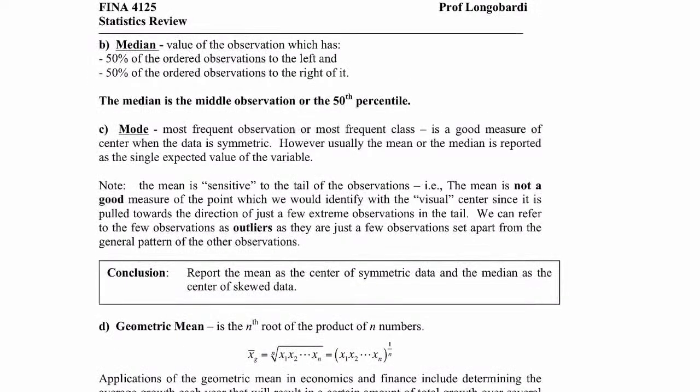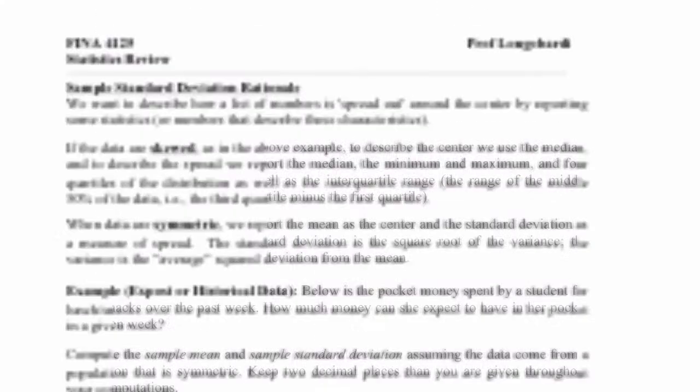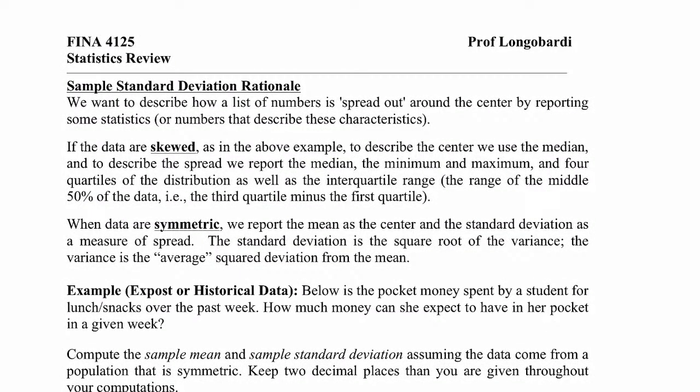So when the data are skewed, like the example that we looked at with the grocery store, we would use the median as the center, and to describe the spread, we would report the minimum, the maximum, and the 4 quartiles.